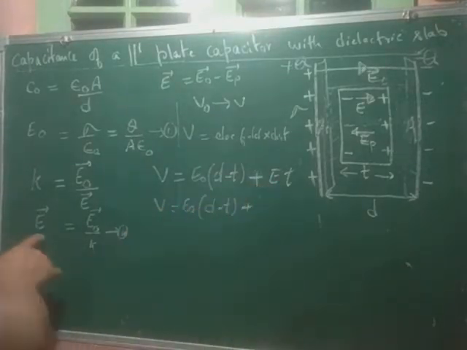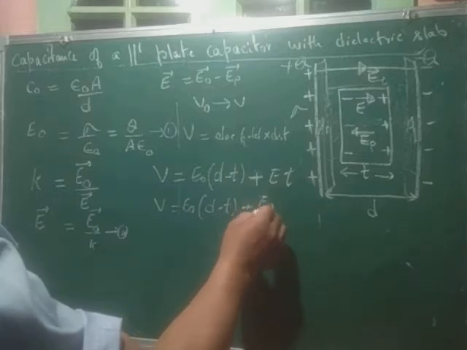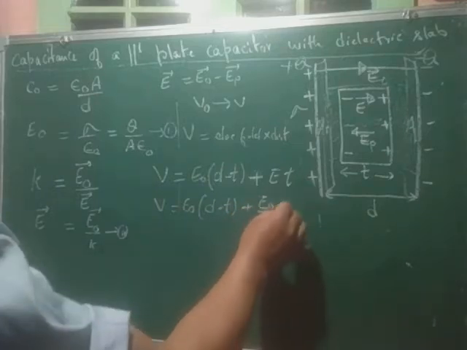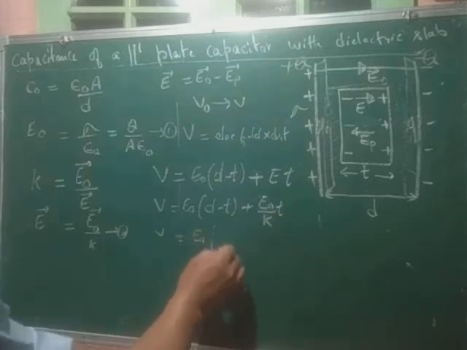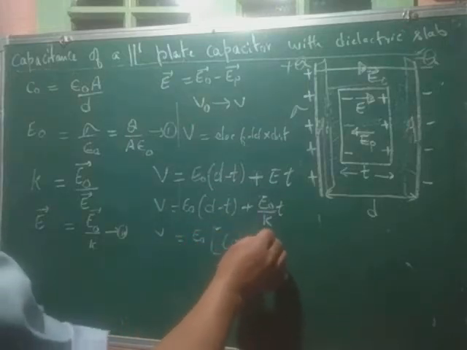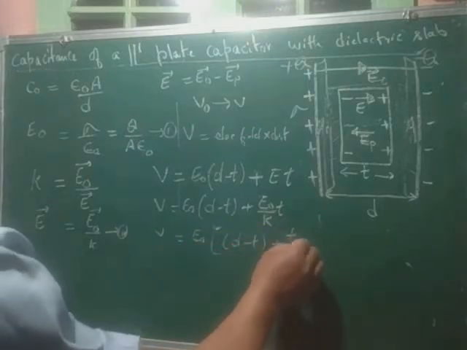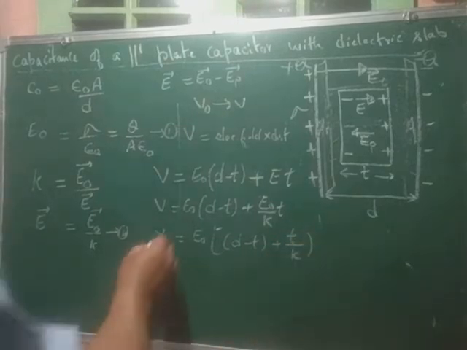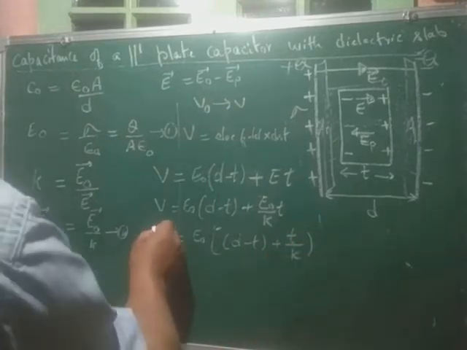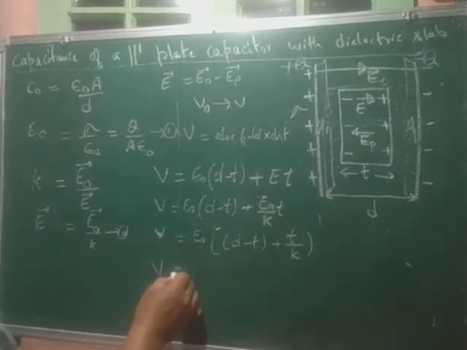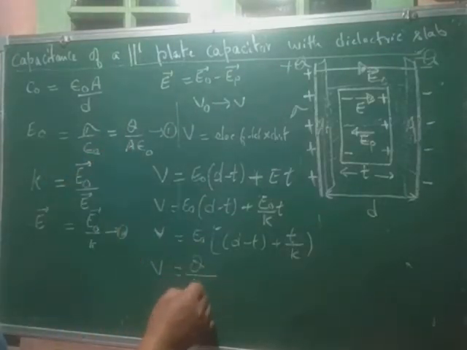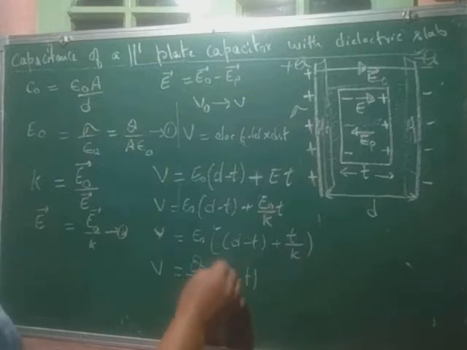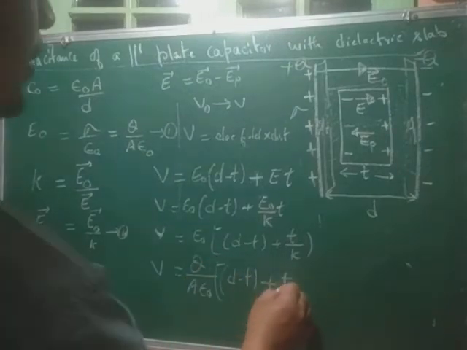Instead of E, I will write E naught by K, times t. Next, I take E naught common, and inside you have d minus t plus t upon K. So this is the electric potential. Or V equals E naught, and from equation 1, E naught is Q by A epsilon naught, times d minus t plus t upon K.